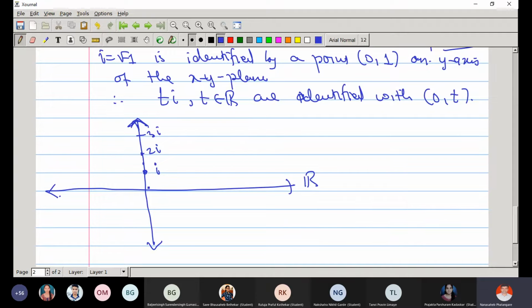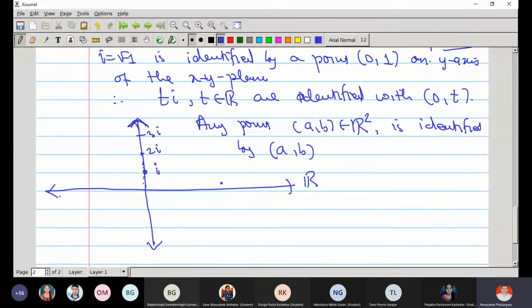As you vary real numbers, you will get the corresponding complex numbers. So any point (a, b) in the plane R2 is identified by which complex number?